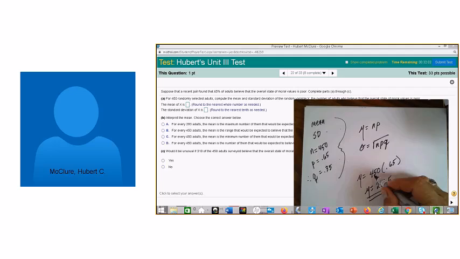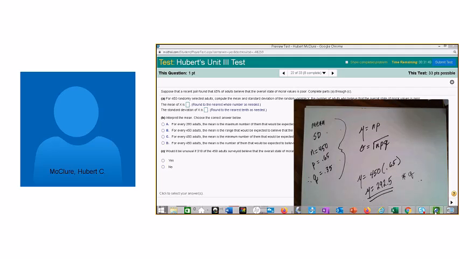Now, this is np, so all you got to do now is multiply this by q. Take that, multiply it by q. I'm just writing this out to the side. And take the square root of that. So I'm going to multiply by 0.35, and then I'm going to take the square root of that, raise it to the 0.5 power.